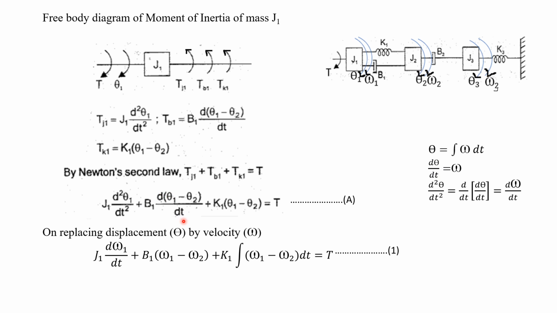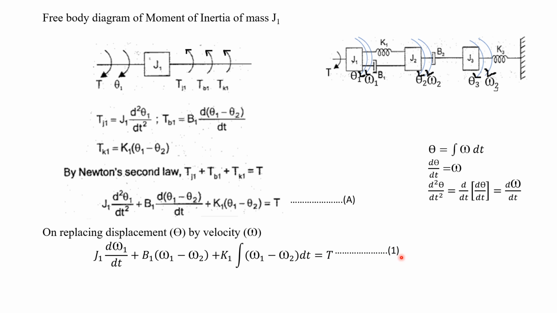So d theta 1 by dt will be omega 1 minus d theta 2 by dt will be omega 2. Plus k1 into, then what about theta in terms of omega? Theta will be integral omega dt. So for theta 1 minus theta 2 it will be integral of omega 1 minus omega 2 into dt, that is equal to capital T. So now we can consider this as equation number 1.